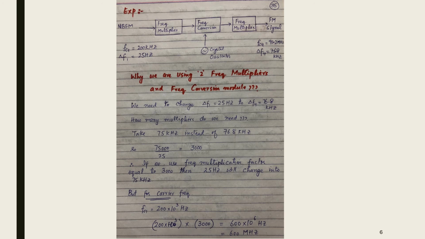So what is the way to find the frequency multipliers? We can divide 75 k, which is what we want, by 25, which is the starting point. Then we get to know that 3000 multipliers are required if we want to convert 25 hertz into 75 kilohertz.